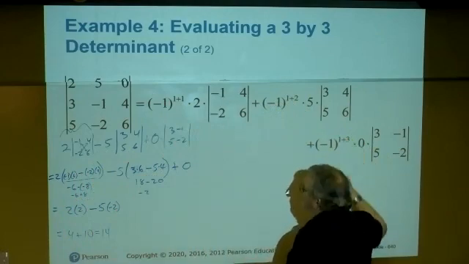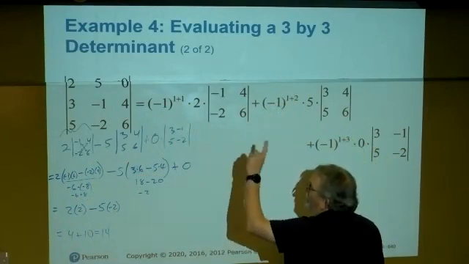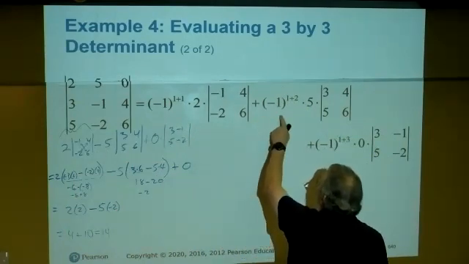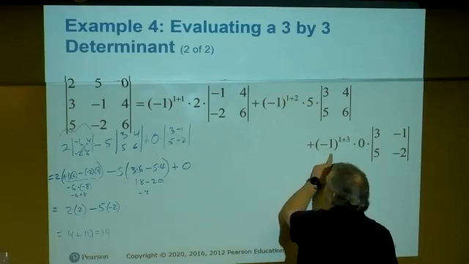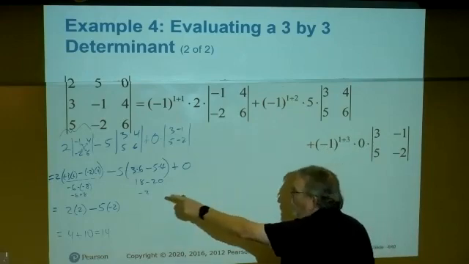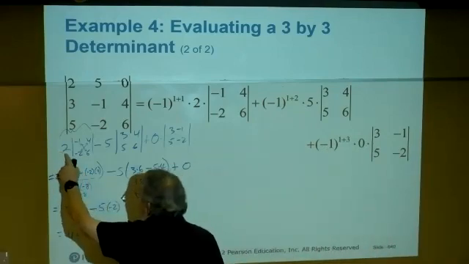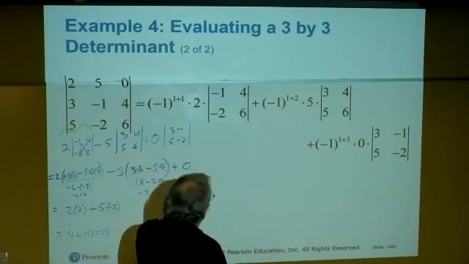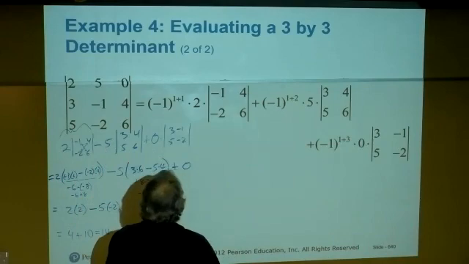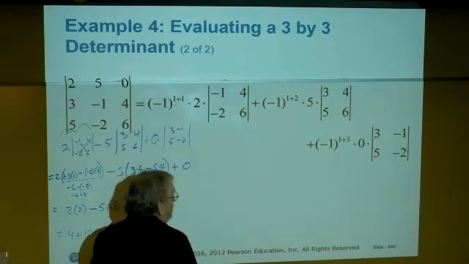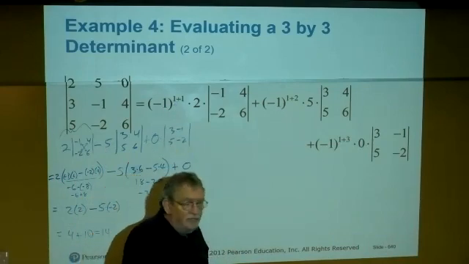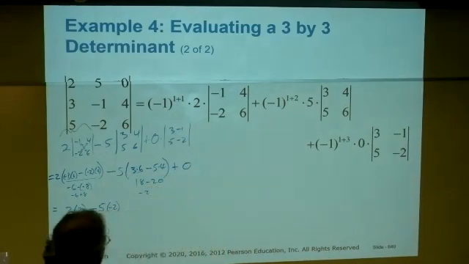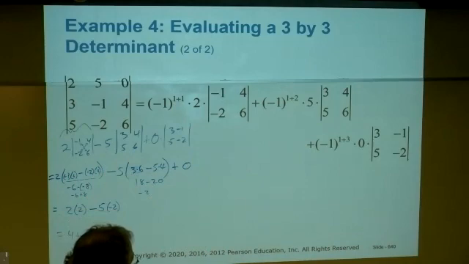Well, because we're dealing with the first row, that's going to be a +1. This is going to be a -1. And this is going to be a +1. So the signs become whatever sign we get here minus the 5 plus the 0 times. Okay. Because -1 to the 1 plus 1, because we're dealing with the first row, first column. So that's -1 to the 2nd power.